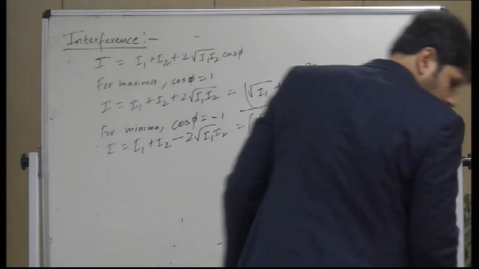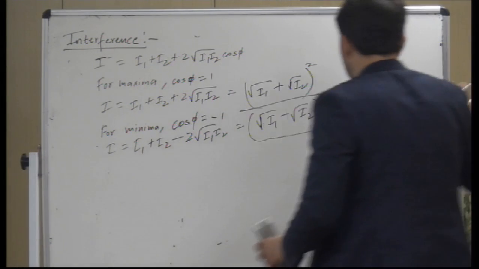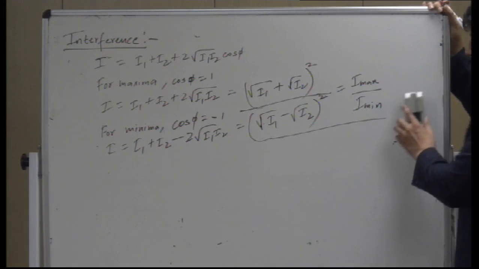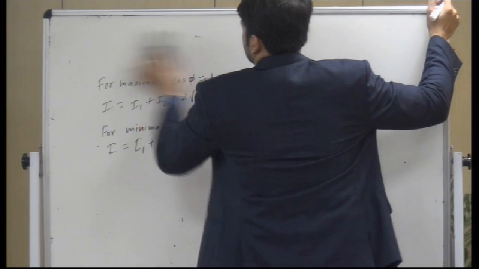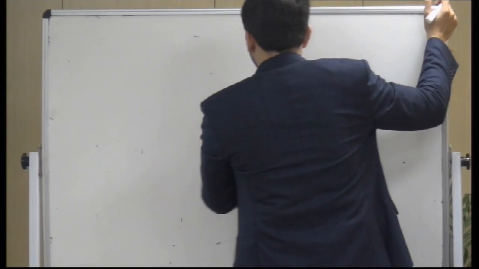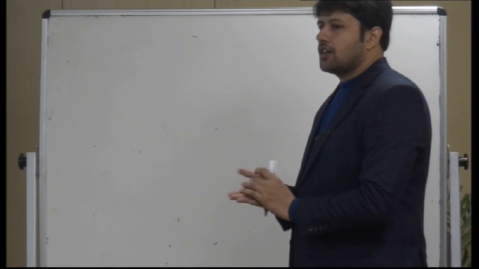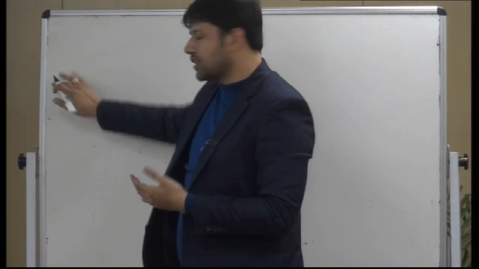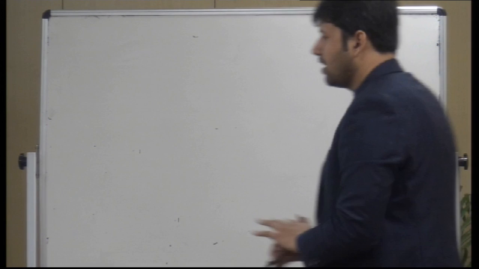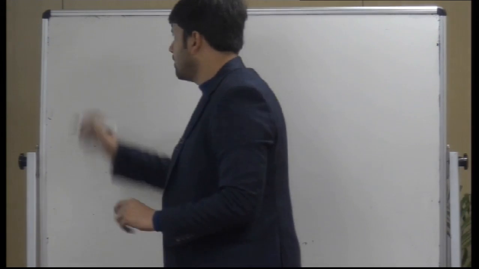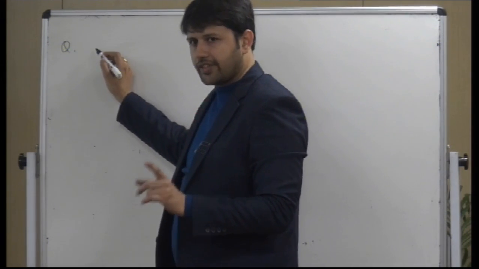Now let's start. I'll erase this. Now we just discussed the theory of interference, basically intensity, right? Now the question says: we have two waves.